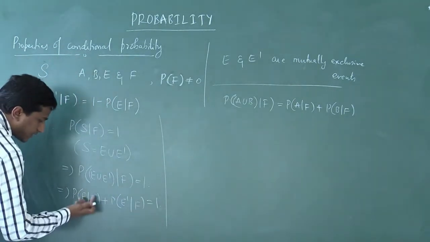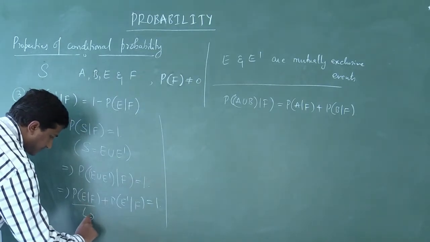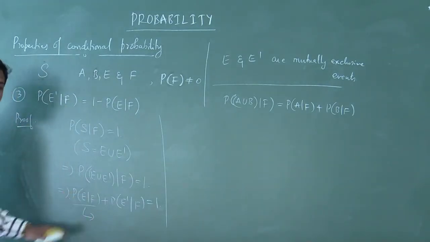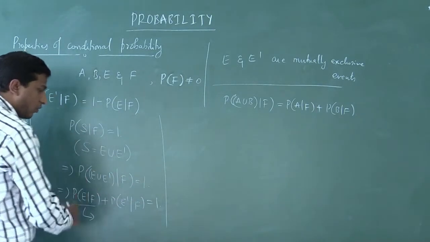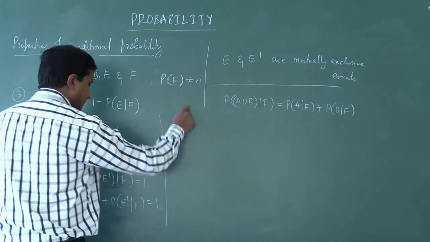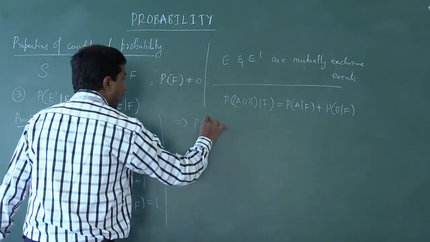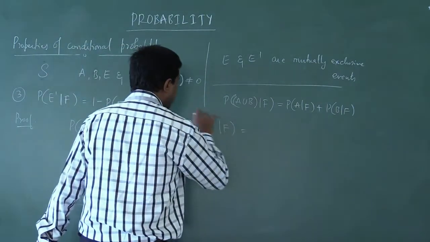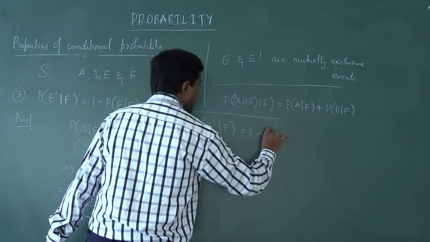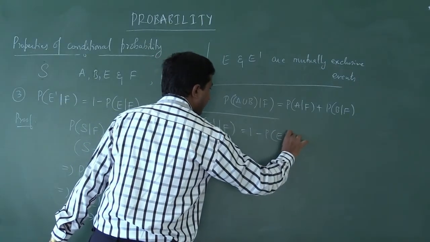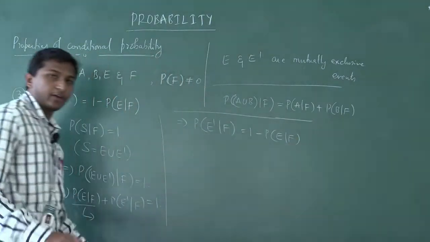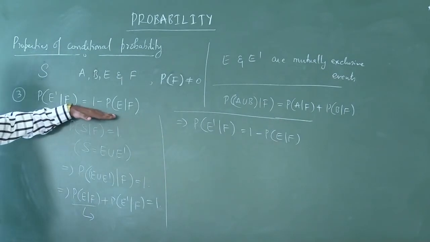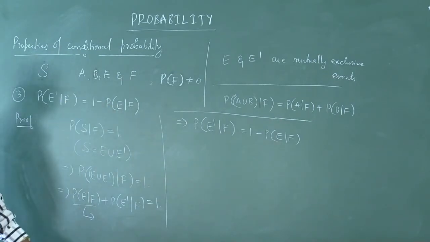So taking the term P of E bar F to the RHS, we are left with P of E dash bar F equals 1 minus P of E bar F, which is nothing but the statement of property number 3.